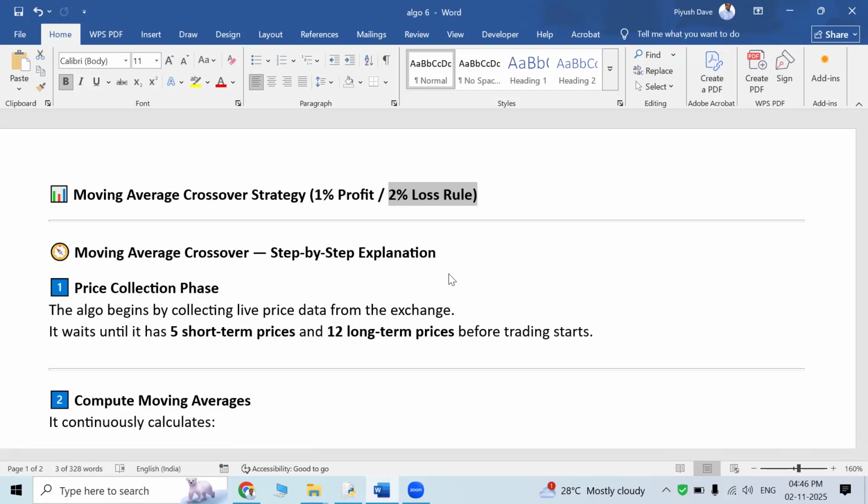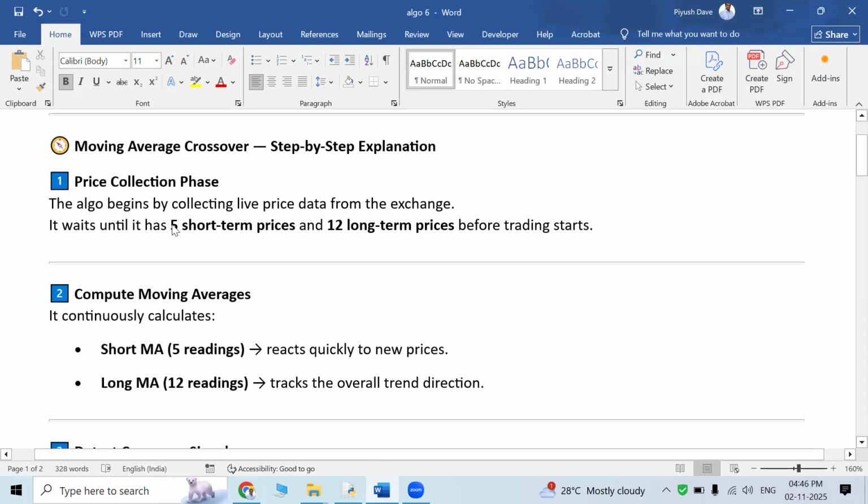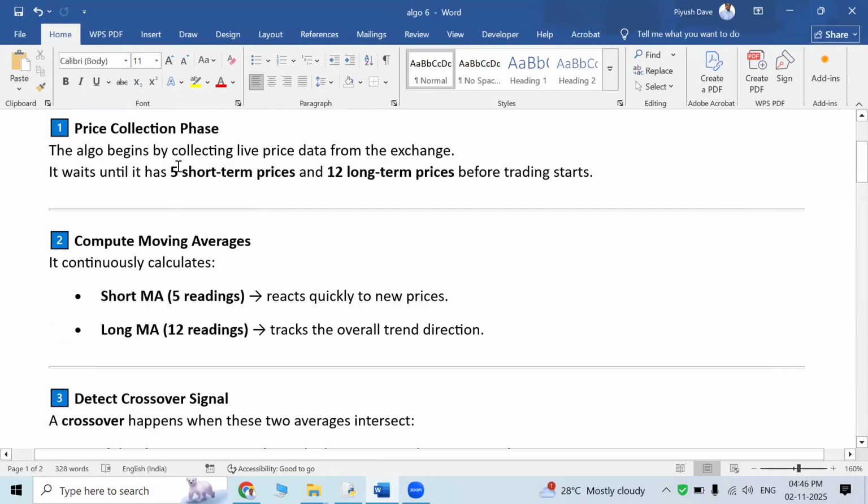So first, what is this algo doing? It is collecting the first 5 prices from the market and finding the moving average. Again, it is collecting 12 prices from the market and finding the moving average. I consider 5 readings as the short moving average, and the 12 readings are called the long moving average.